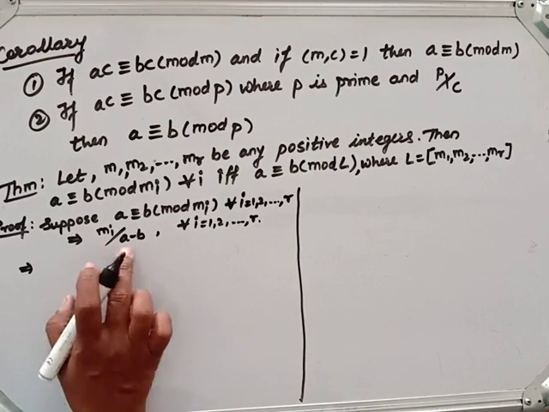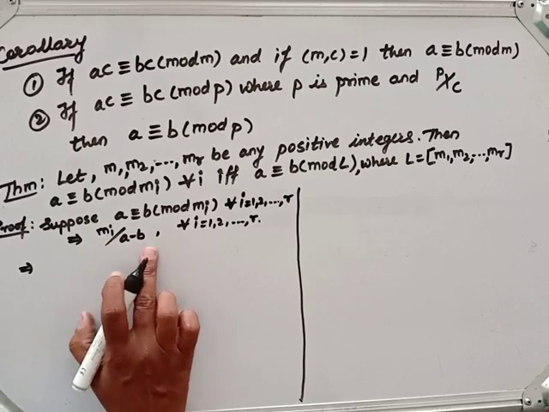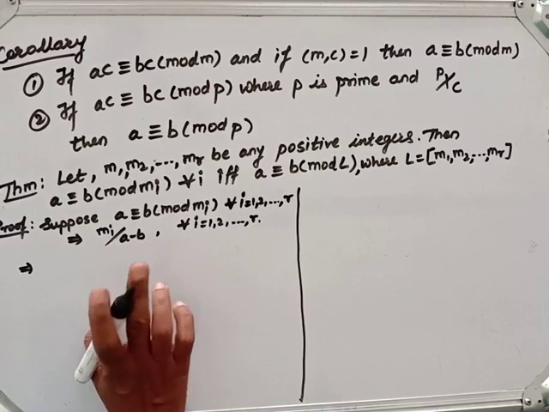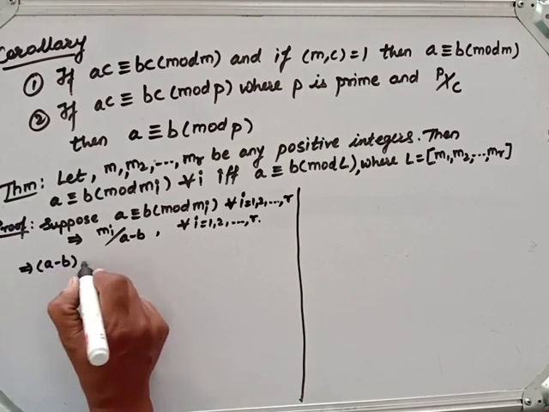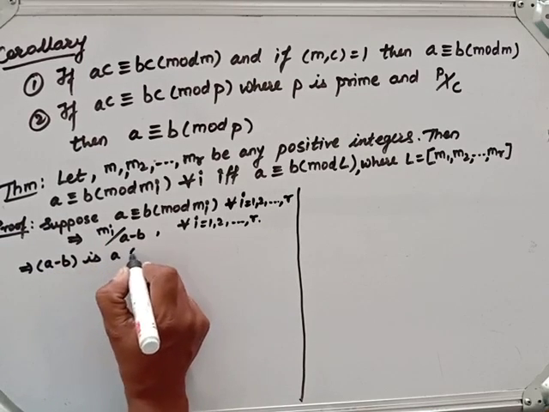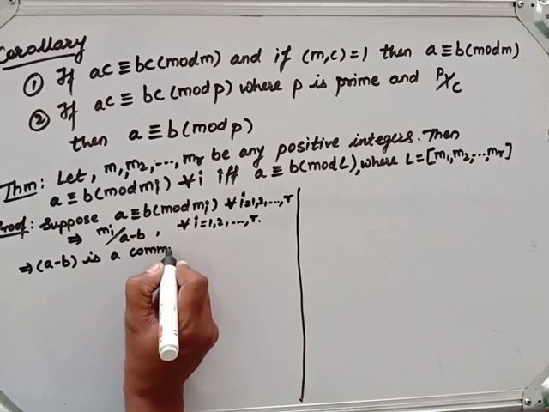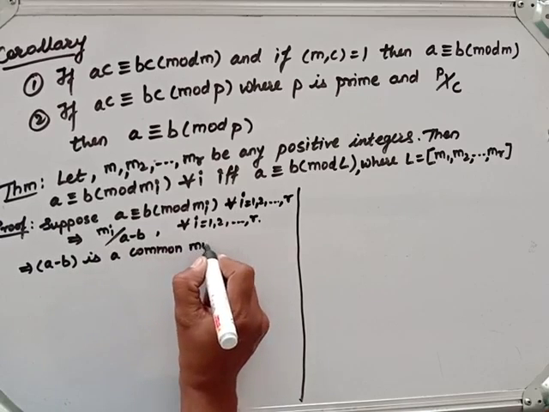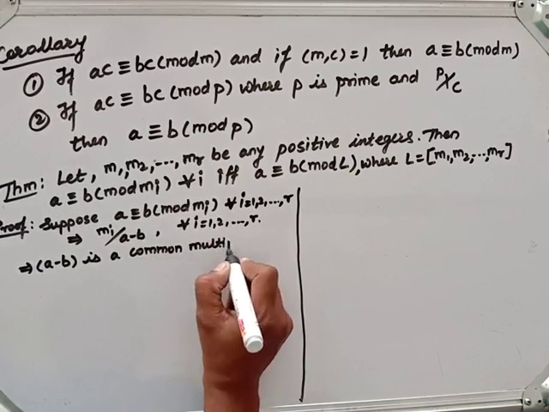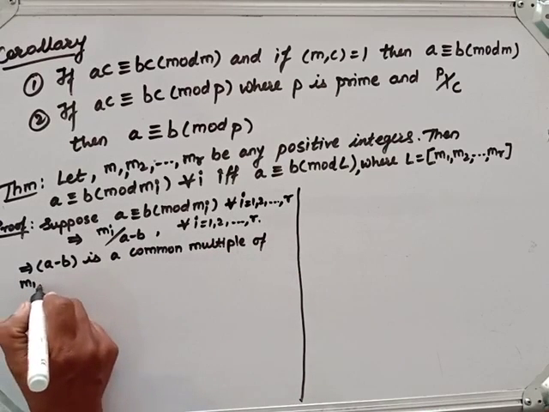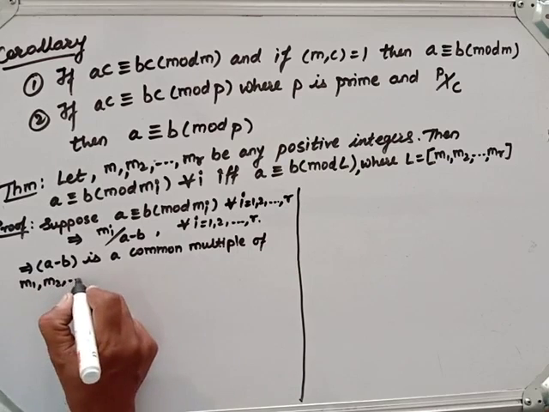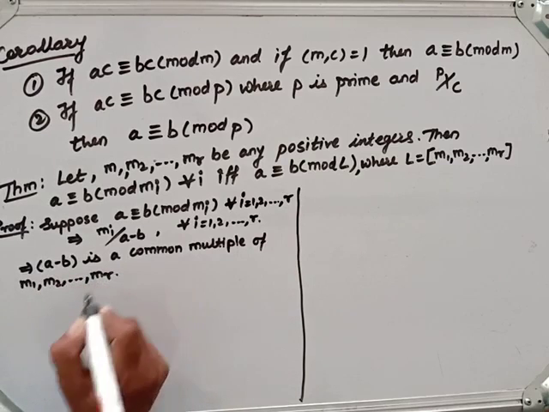Each mi divides A minus B. So, this A minus B is a common multiple of each mi. So, this gives A minus B is a common multiple of M1, M2 and so on up to MR. Of all of them.